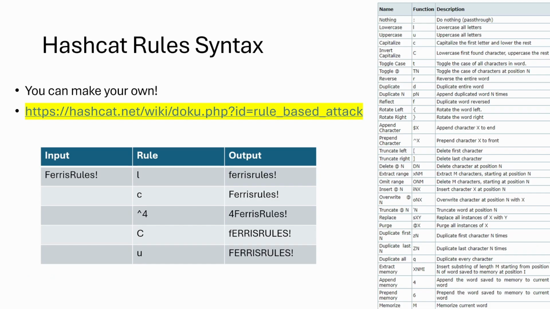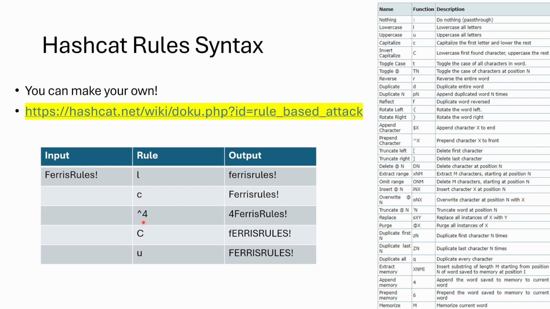So here's most of the rule syntax. At least this is the main category of functions. Here's the link to where you can view this and more functions. An example input would be this. If we have the l rule, we can look over here, it lowercases all letters. So that's what it does. c capitalizes the first letter and lowers the rest.